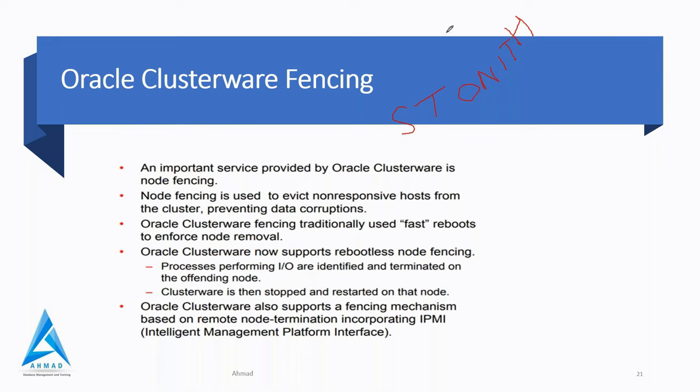The concept uses an external mechanism capable of restarting a problem node without cooperation either from Oracle Clusterware or from the operating system running on that node. To provide this, Oracle Clusterware supports the IPMI feature, the Intelligent Platform Management Interface specification, which is a standard management protocol.